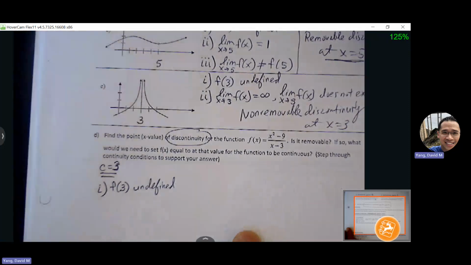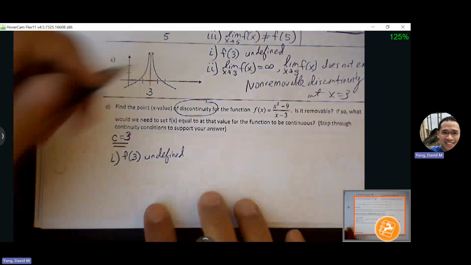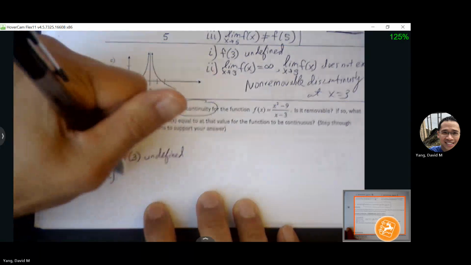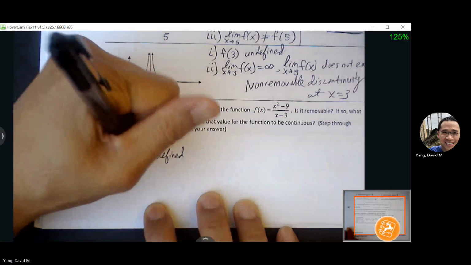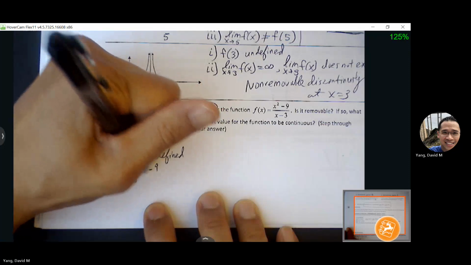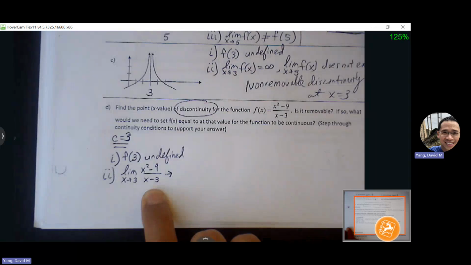All right, second condition, does the limit exist? Well, let's just apply the limit for our function. So treat this like a quiz problem that you saw last week.